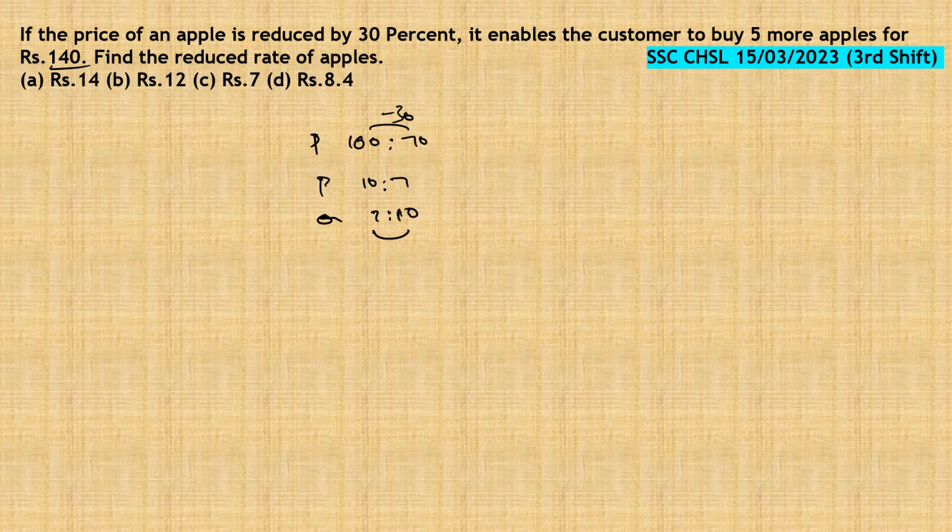What we need to find is the price of the new apples. How many kgs are they getting? 3 ratio more denotes 5 apples, so 1 ratio is 5/3. The new quantity is 10 ratio, that is 10 into 5/3, equal to 50/3 kgs, and the total amount is 140.